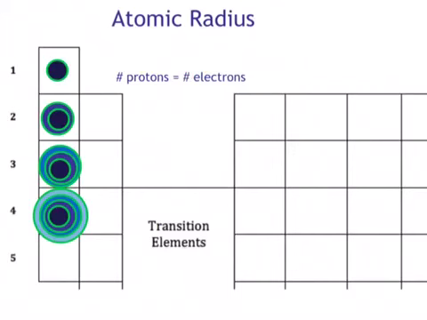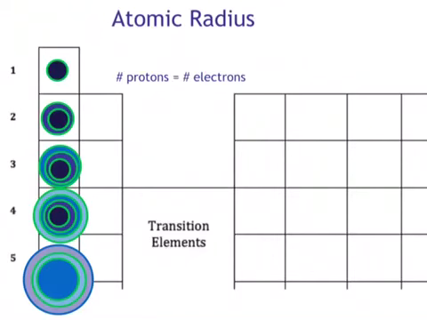So as the atomic number is increasing, which is what's happening as we move down a group, we're going to have more protons and more electrons. And so visually you can see that there is a trend in the size as we move down. There's successively a difference in each of their radii.